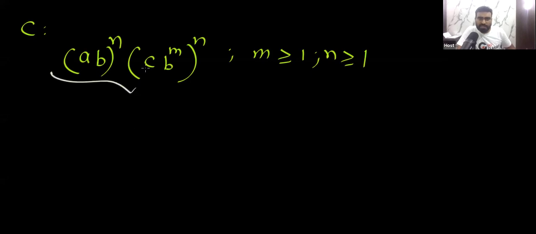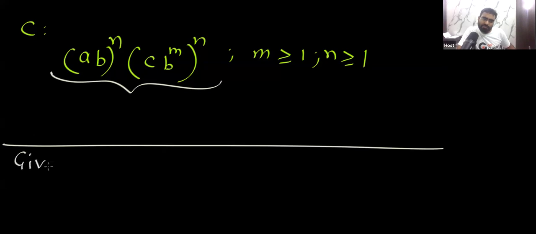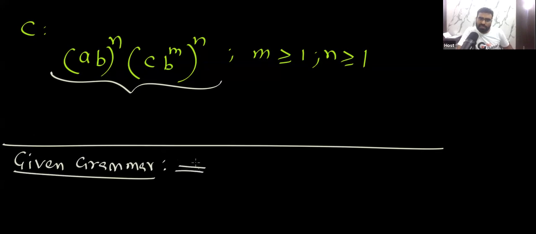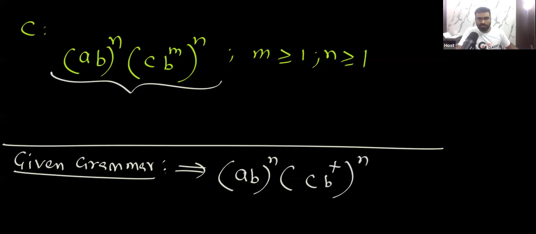Actually the problem was like this. If you remember, the given grammar will generate a b power n, c b plus power n. This is what your given grammar will generate. We have already seen the analysis.